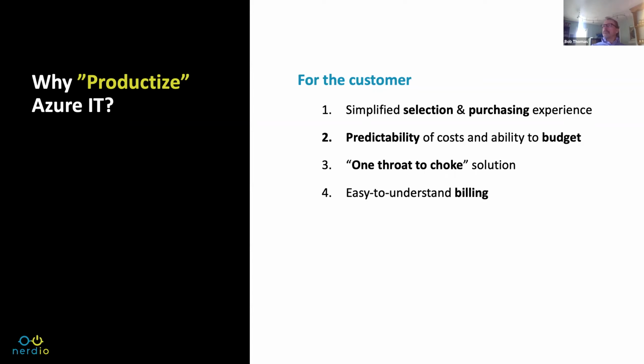Benefit to the customer number three is the ability of having one throat to choke in the shape of you, the MSP. Customers prefer to have a single point of contact. They want to know that they can call one organization, one person, and get their problem fixed, no matter whether it's an issue with Azure, Office 365, some service, or any other piece of software.